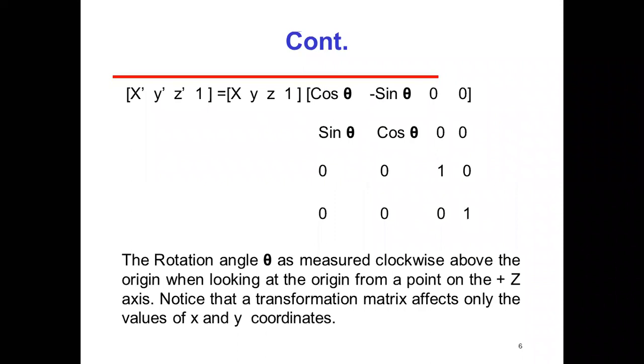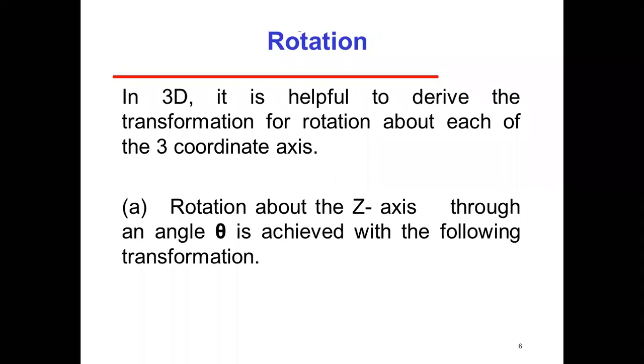Now this is the matrix formulation of the rotation about the z-axis. We are going to rotate about the z-axis through an angle theta, achieved with the following transformation.